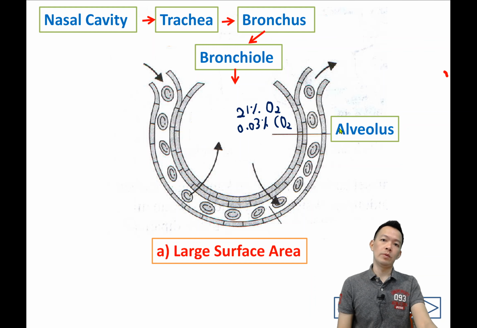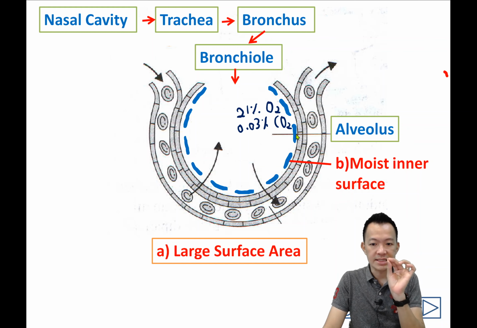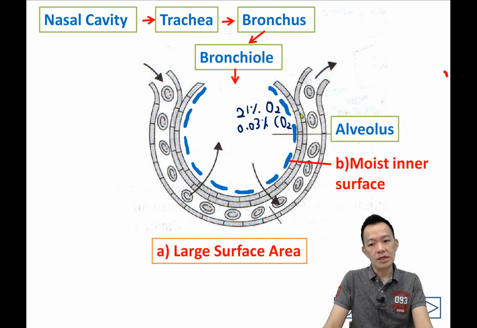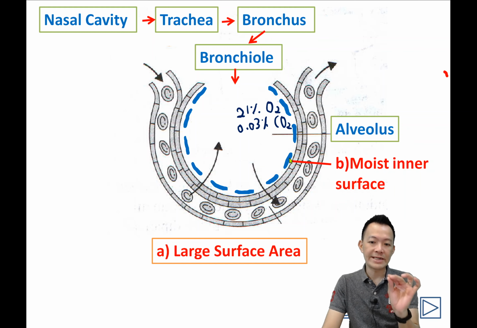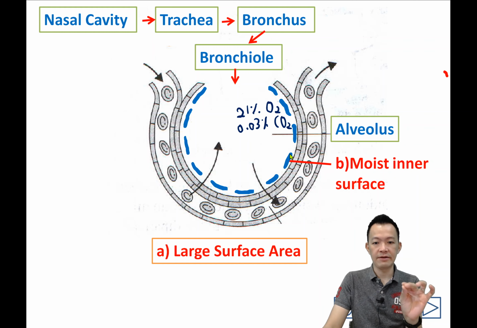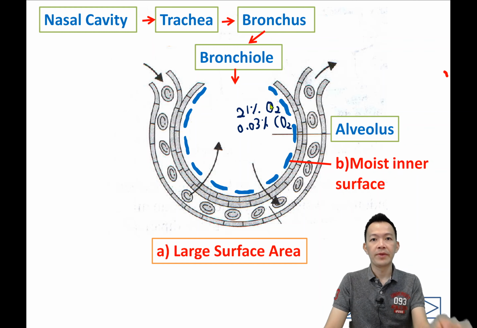它有很多表面特别的大。Or the inner surface of the alveolus actually is covered by a layer of water. So what is another characteristic of the alveolus? It has a moist inner surface 它有一个湿的里面的表面. What is the function of this moist inner surface? 这个湿的表面到底拿来做什么呢？To dissolve the gases, 方便空气溶解在里面.